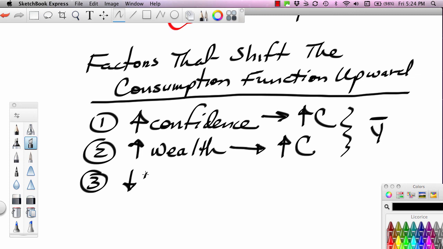A drop in interest rates, talking here about the real interest rate, the inflation-adjusted interest rate, might motivate me to spend more. So if interest rates are very low and car dealerships are offering very low interest rates, the lowest interest rate they might offer would be 0.